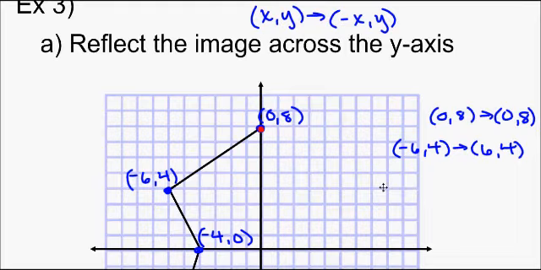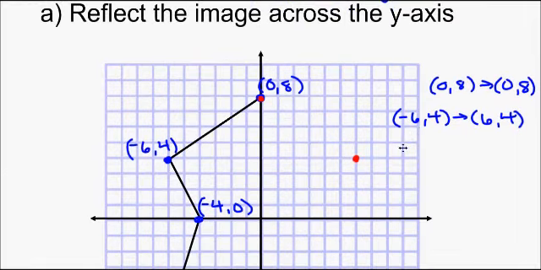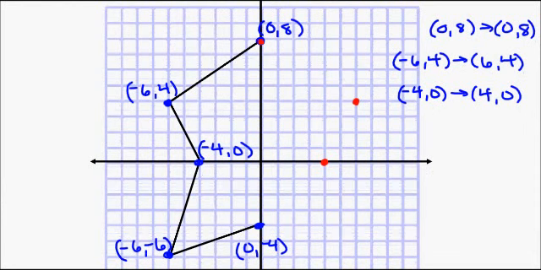(Negative 4, 0). We change the x value sign, keep the y the same. So (4, 0). (Negative 6, negative 6).